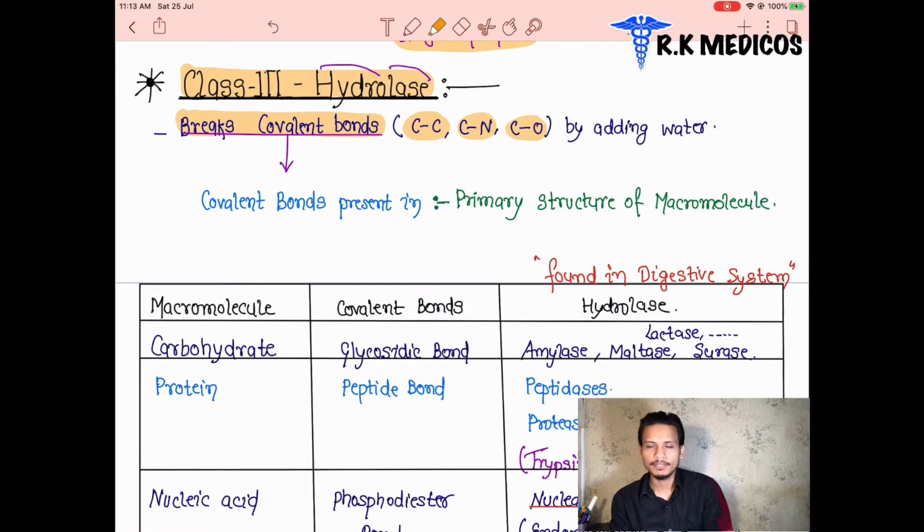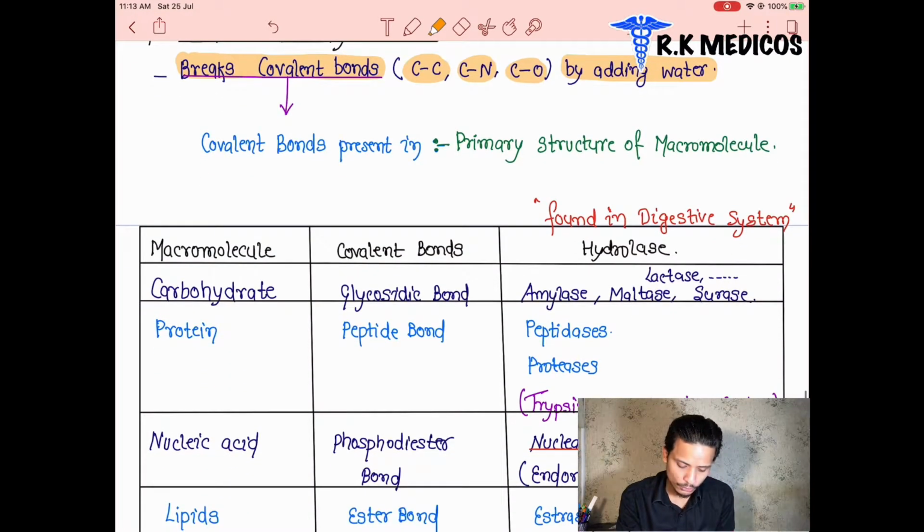It means that wherever these bonds are formed, anywhere in the compound, we add water there, and these bonds are going to break. So these covalent bonds break by the addition of water. These covalent bonds are present in the primary structure of all the macromolecules.